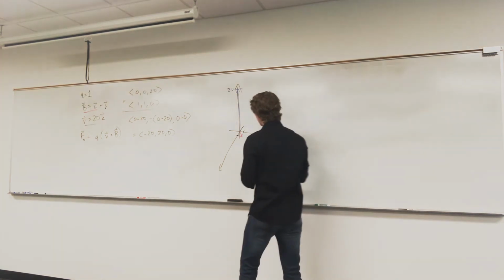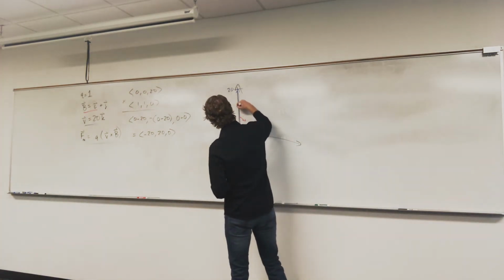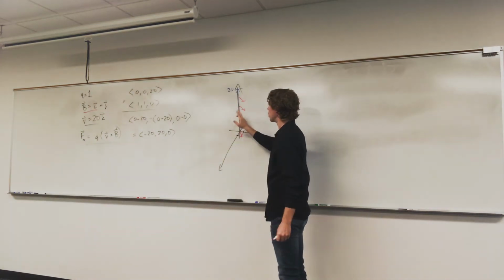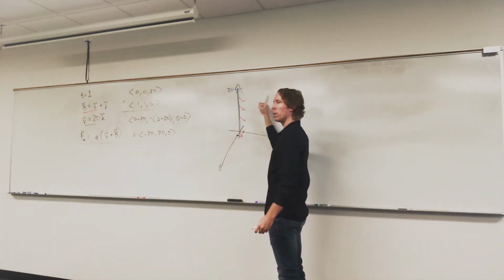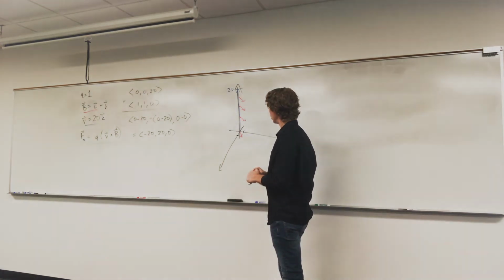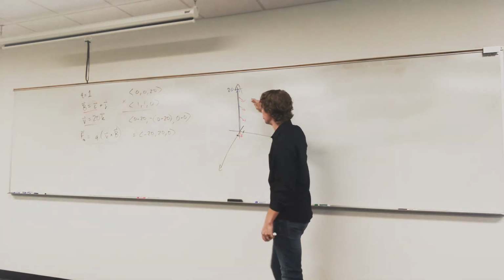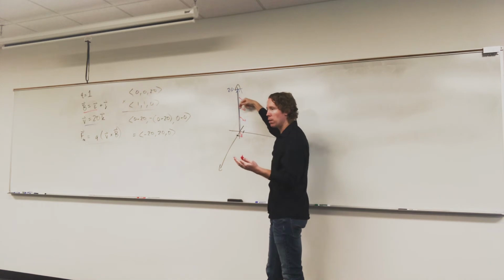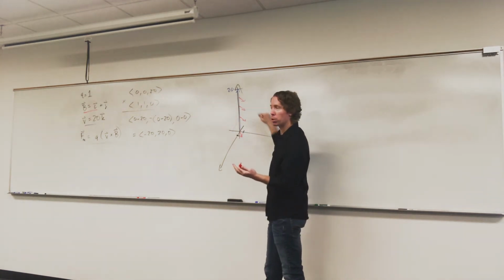So really what I'm thinking of is this thing is getting pushed this way as it moves up. So in time, as it goes up, it's starting to curve this way, and then the magnetic field is going to do something to it. Oh, no, that's not true. The magnetic field goes this way. This is part of the point of the problem. Even though the magnetic field is pointing this way, that doesn't mean the particle is going to get pushed this way.